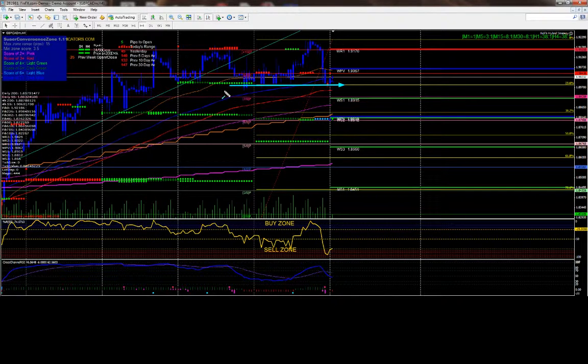So I will also look in the shorter term for support to form in the roughly 189.60 to 189.80 area. That's been kind of the bottom of the range most recently, and also several months back that's been a good support and resistance area.